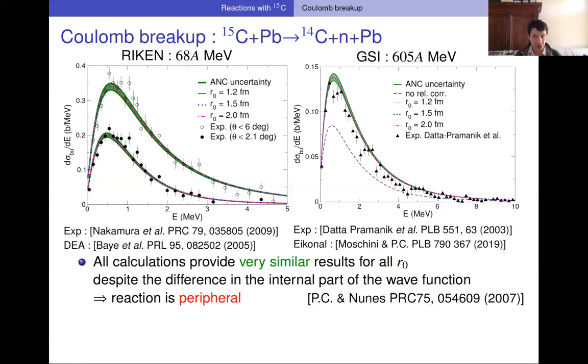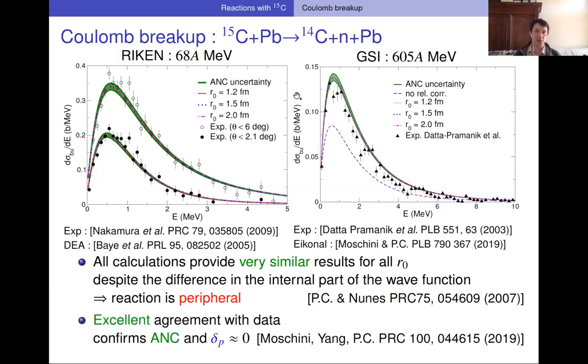And so there is no sensitivity whatever to the internal part of the wave function. A quick comment, the dashed purple line here corresponds to the calculation where she doesn't put any relativistic correction. So this shows that you really need to include these relativistic corrections to extract something from these data.